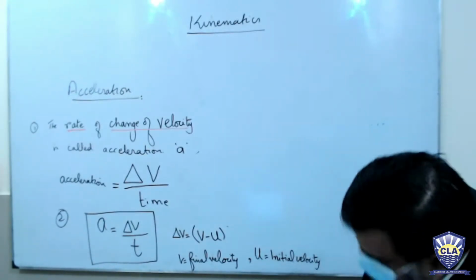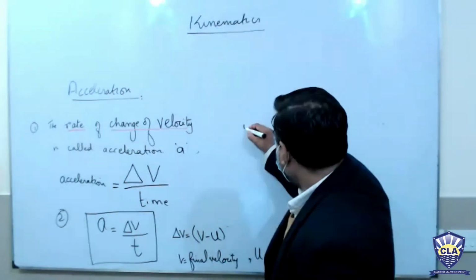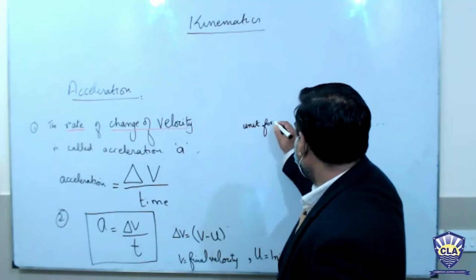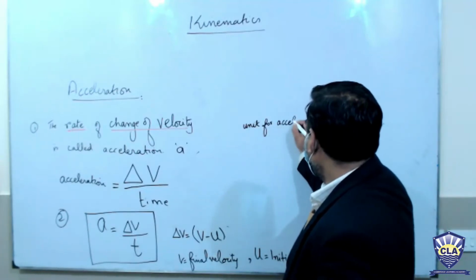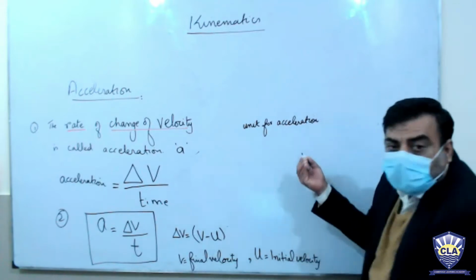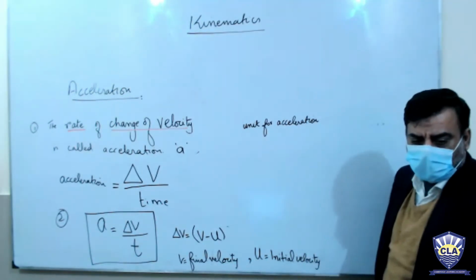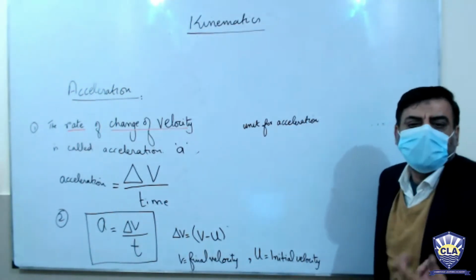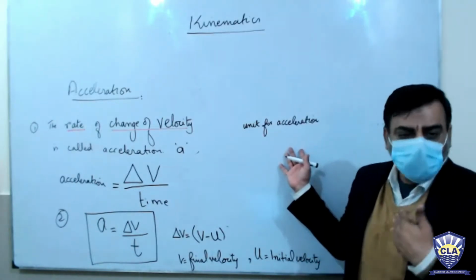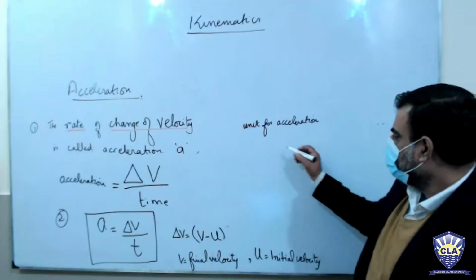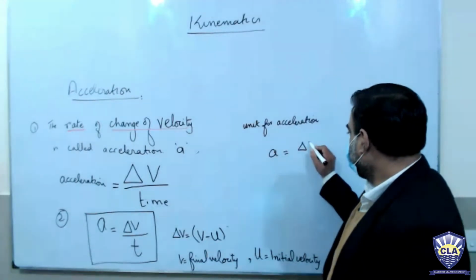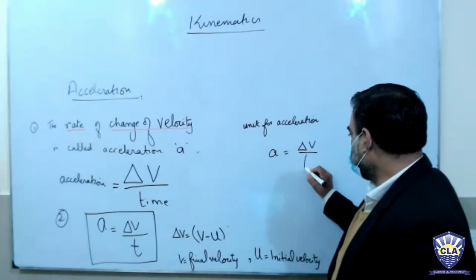What is the unit for acceleration? How can we determine it? We don't know the unit of acceleration? No issues. We can determine it: acceleration equals change in velocity over time.